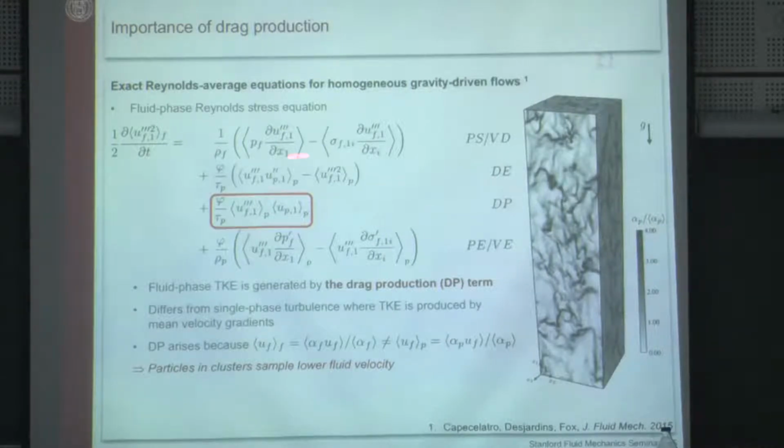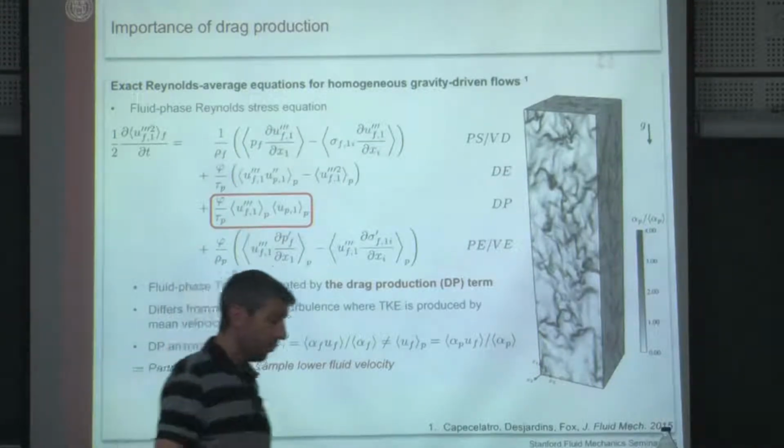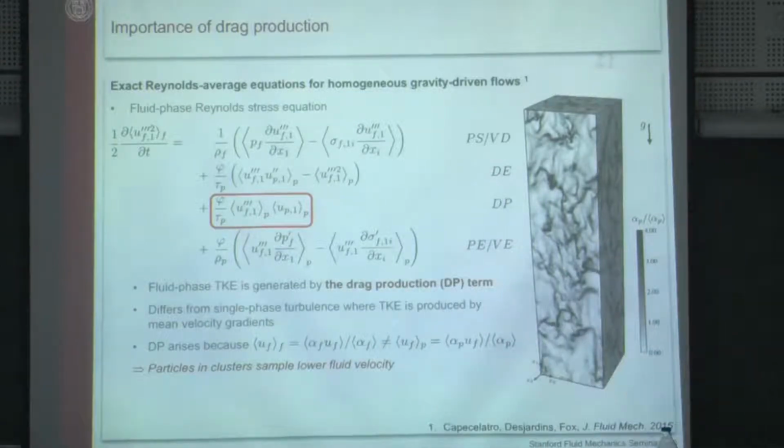Specifically, this is coming from the fact that there is a difference between the mean fluid velocity and the mean fluid velocity as seen by the particles. The particles are not uniformly distributed, therefore they preferentially sample different regions of the flow field, and as a result, we end up with a non-zero production term that ends up generating turbulent kinetic energy. So the agitation in the flow field is created by the clustering.